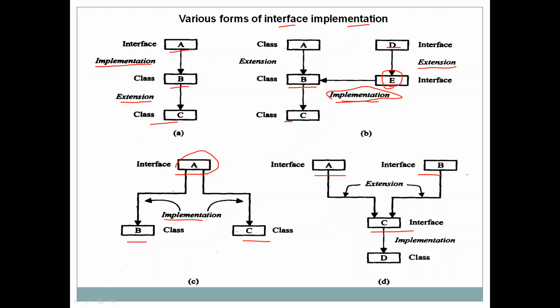So C inherits from A and also from B, meaning interface C includes abstract methods from A, it also includes abstract methods from B, and interface C may have its own abstract methods. The class D, which implements interface C, should provide a body for all the methods from interface A, interface B and interface C. So this is one more form of implementing interfaces.